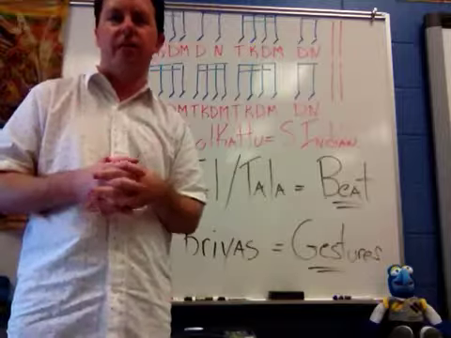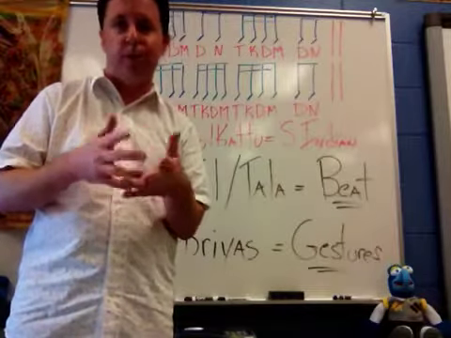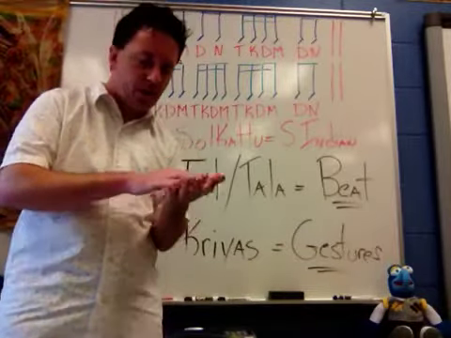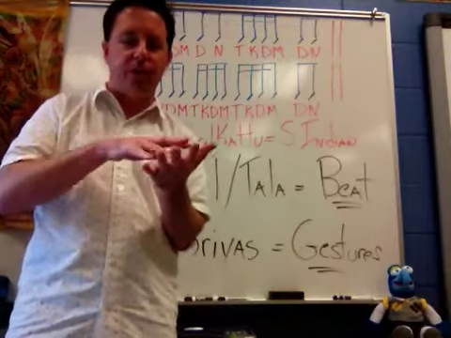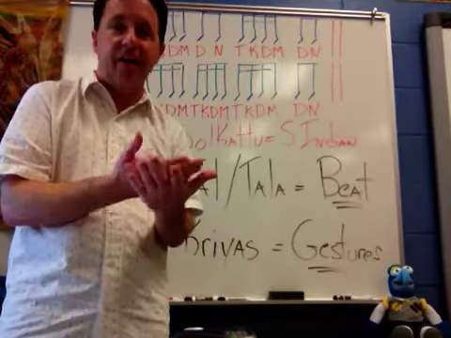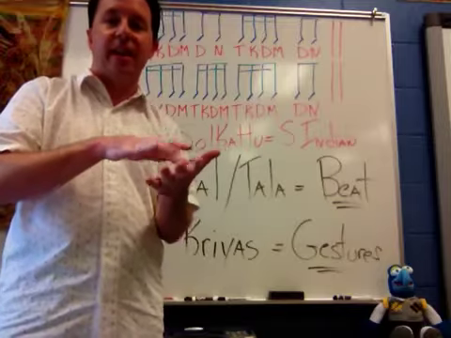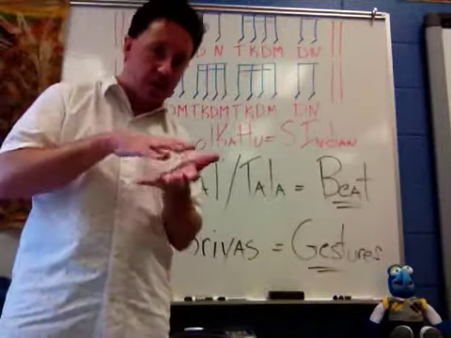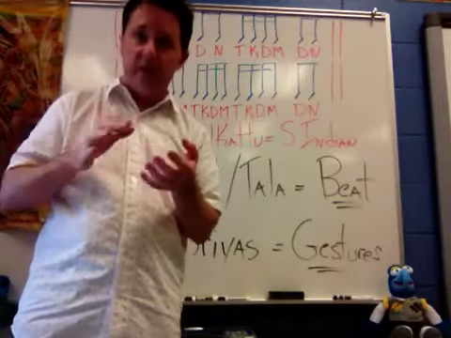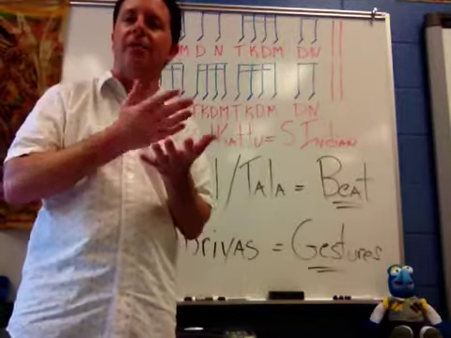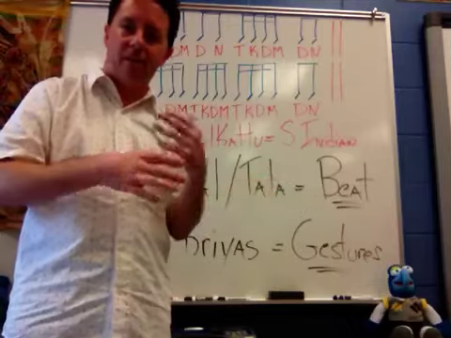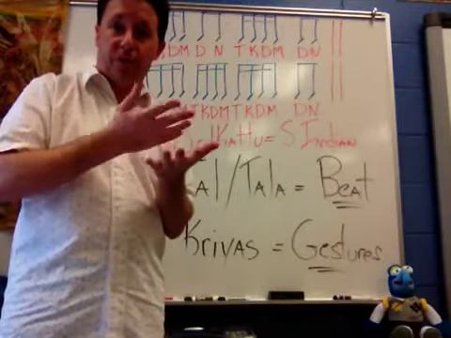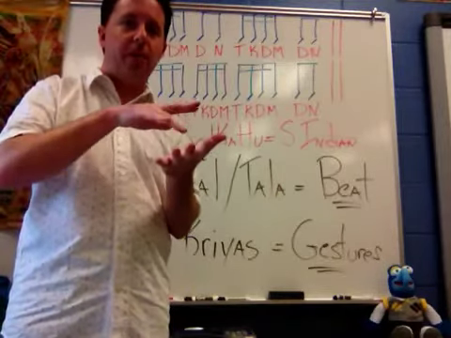So all 8 beats, let's say it's an 8-beat rhythm cycle, 2 bars of 4, go like this. 1, 2, 3, 4, 5, 6, 7, 8. Now this is a version of those gestures that I'm showing you. There are different ways that they are done in India, but I'm shaping it to work for those 8 beats so that they can really keep track.